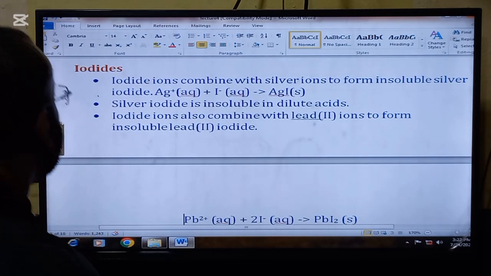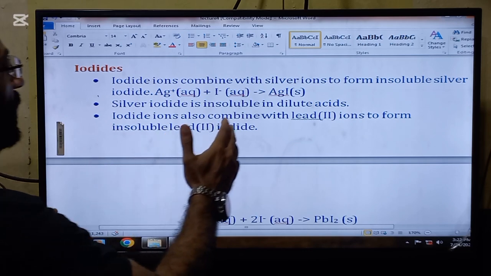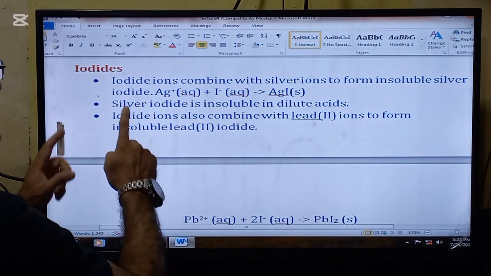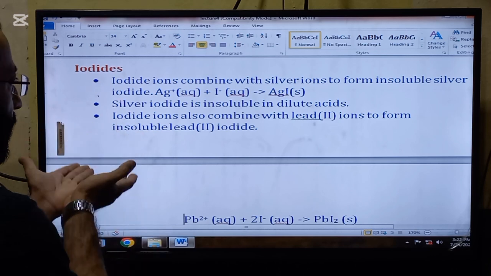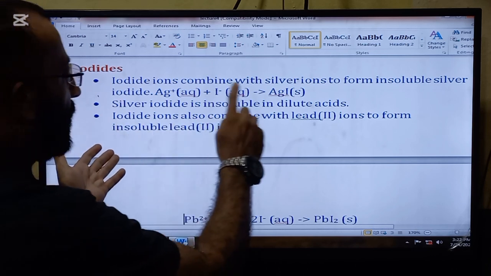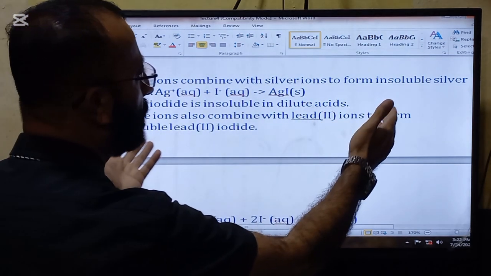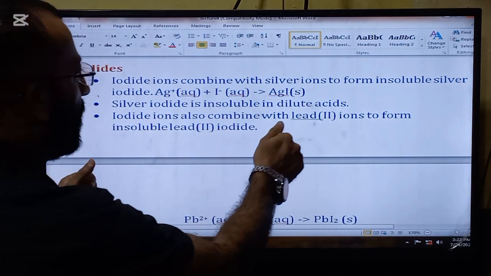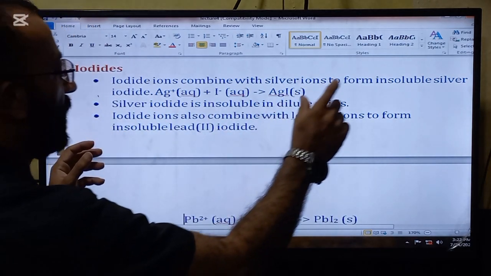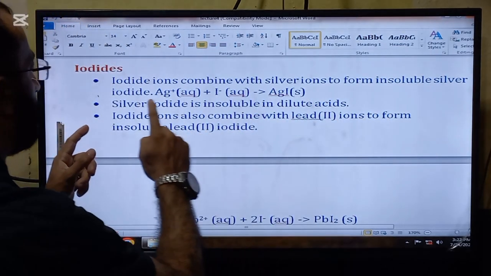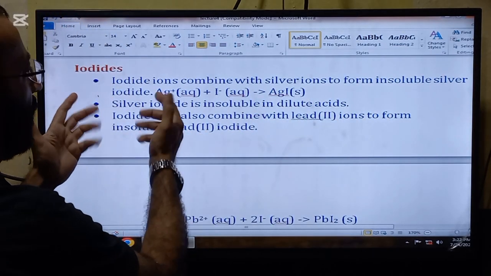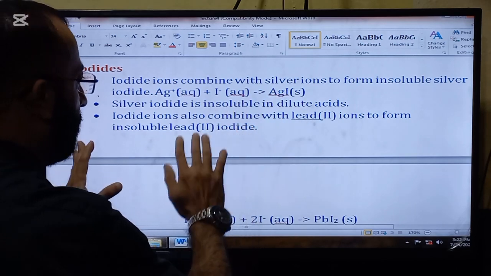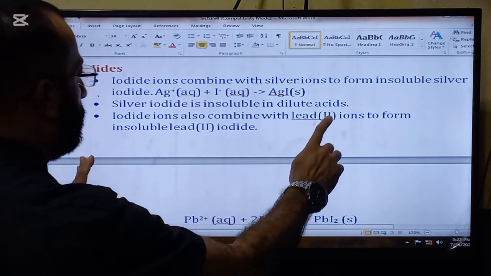Iodide ions combine with the silver ions to form the insoluble silver iodide. Silver iodide is insoluble in dilute acid. So if the sample ion reacts with the silver and the product is insoluble in the dilute acid, that is the sign.